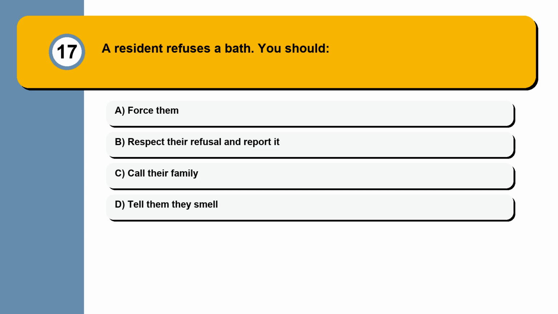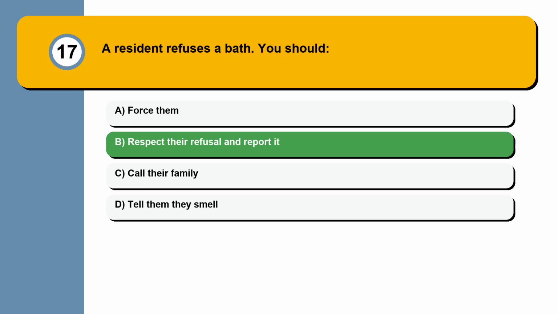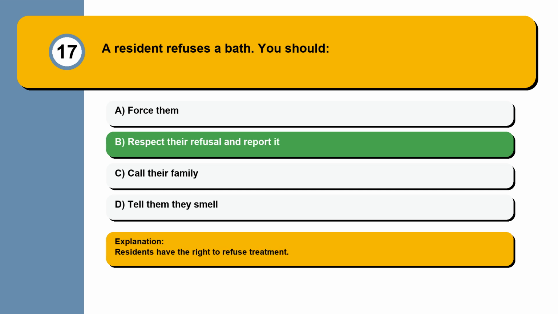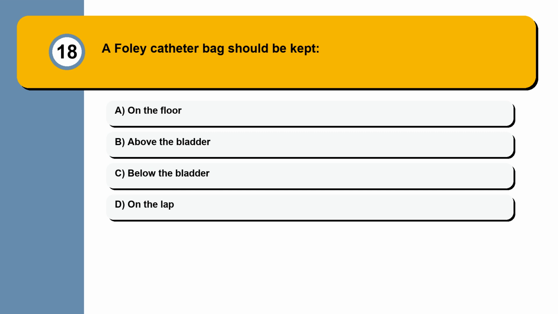Question 17. A resident refuses a bath. You should force them. Respect their refusal and report it. Call their family. Tell them they smell. Residents have the right to refuse treatment. Question 18. A Foley catheter bag should be kept on the floor, above the bladder, below the bladder, on the lap.